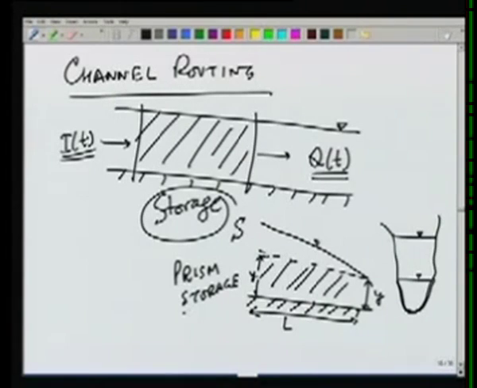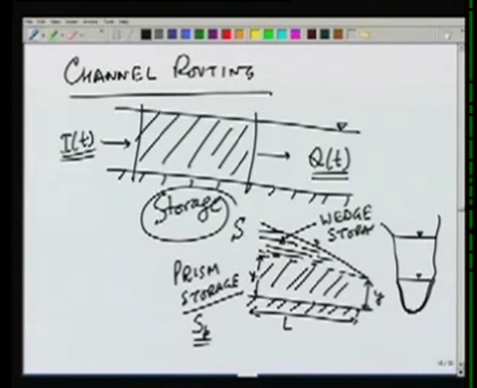And we typically can write this as S P for prism storage. The other portion which is above the prism and below the water surface up to the water level is in the shape of a wedge and is called wedge storage or SW.